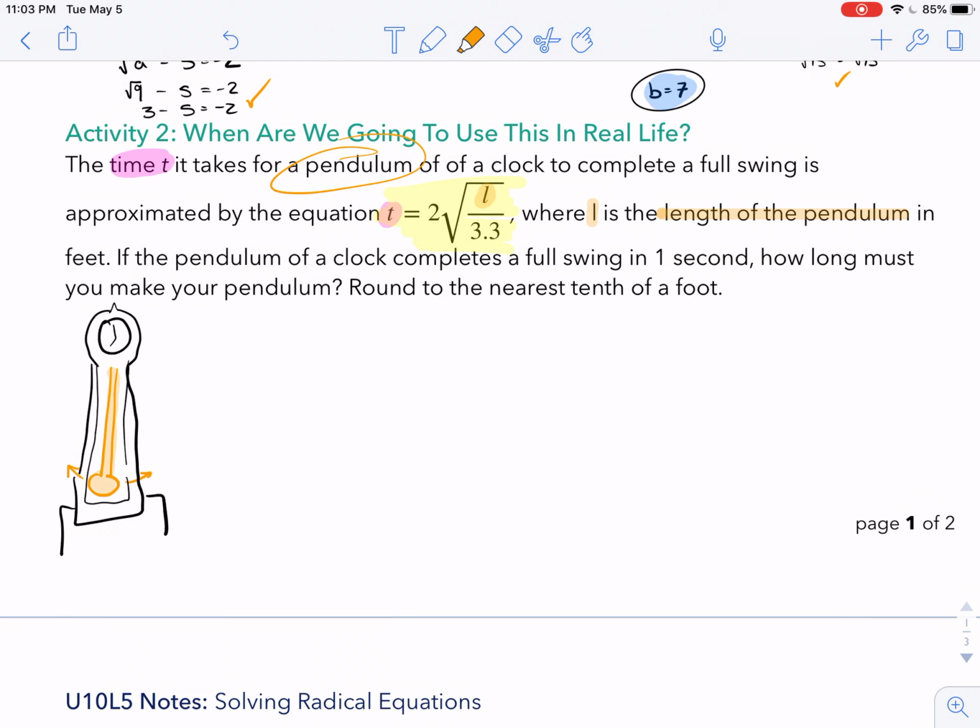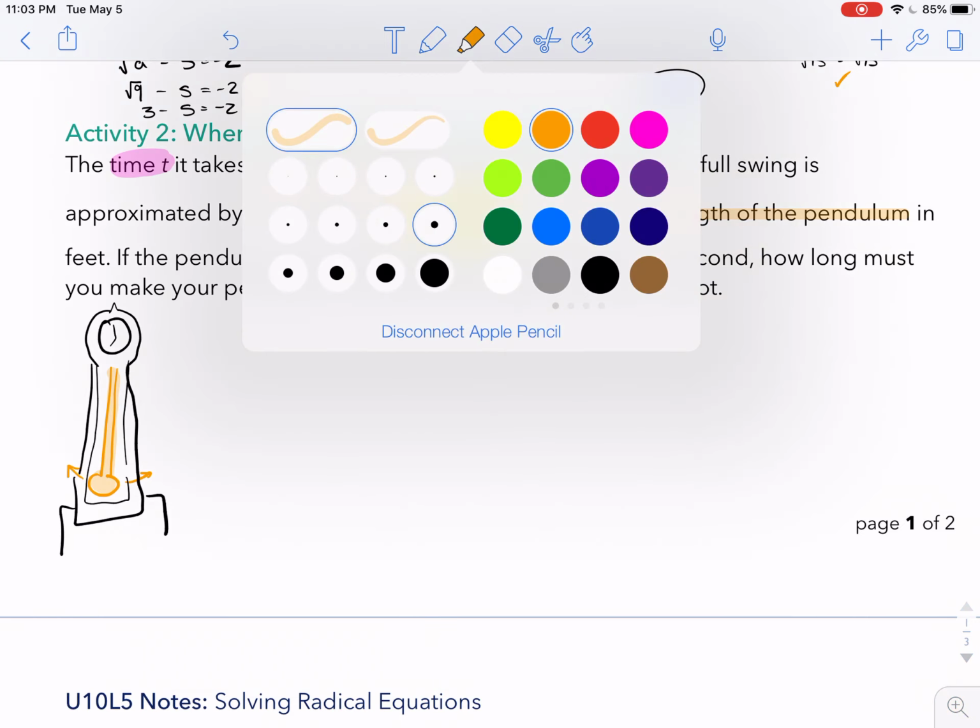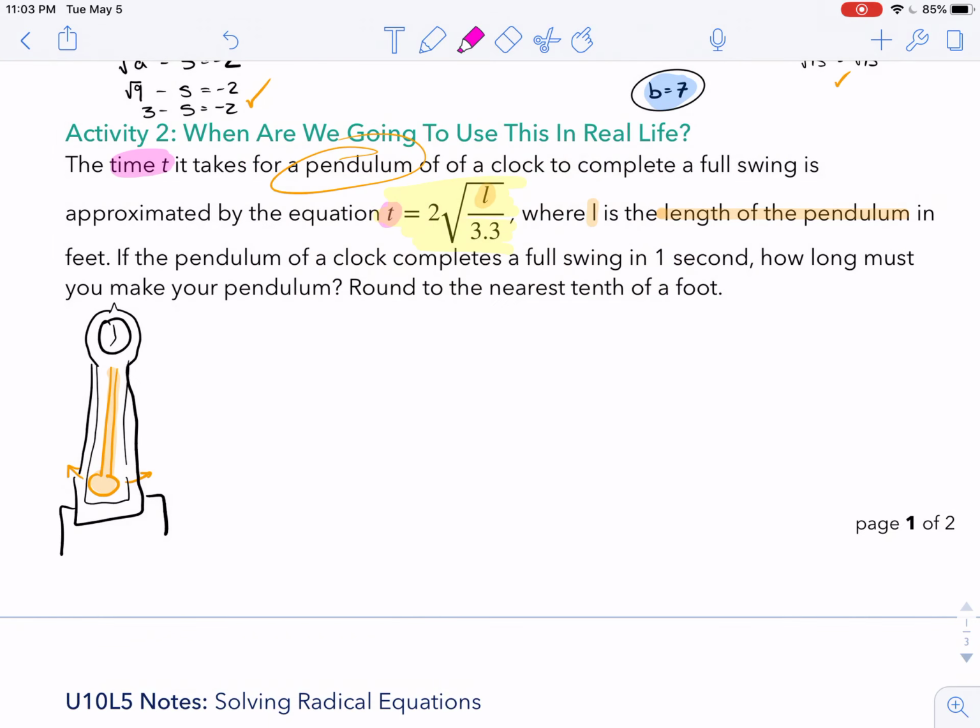The pendulum clock completes a full swing in 1 second. Well, that makes sense, right? It goes back and forth every second. So that's our time. How long must you make your pendulum? That's going to be our distance. How long must you make your pendulum, rounded to the nearest tenth of a foot?